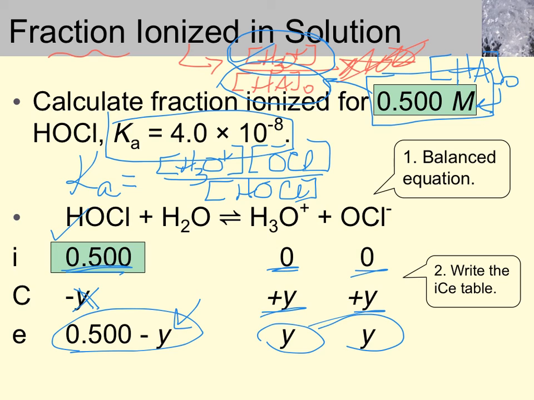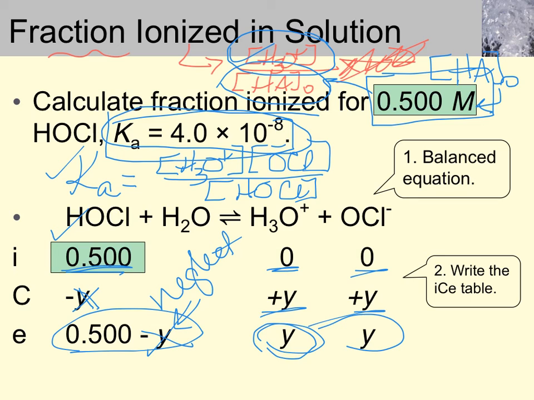Is it safe to neglect that Y? Look at Ka, make sure it's small. It is. So we're going to neglect the Y. Then we're going to plug back in for the equilibrium concentration. We're going to solve for Y. And that's going to give us the concentration of hydronium ion, which is what we need to get fraction ionized.